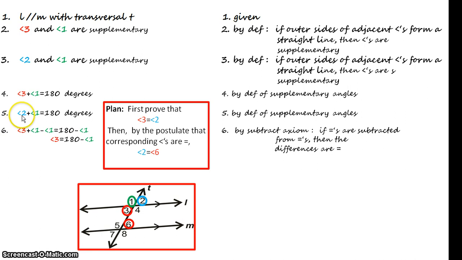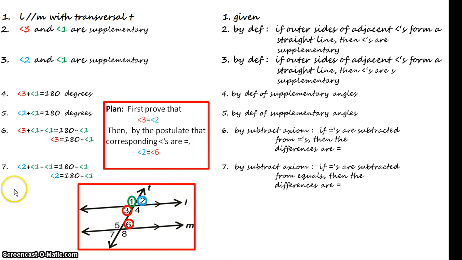And let's do the same thing for angle 2. So we're going to subtract angle 1 from both sides of this equation to isolate angle 2. And we come up with angle 2 plus angle 1 minus angle 1 leaves us just with angle 2.